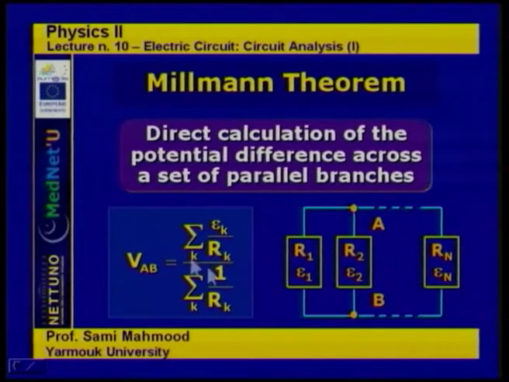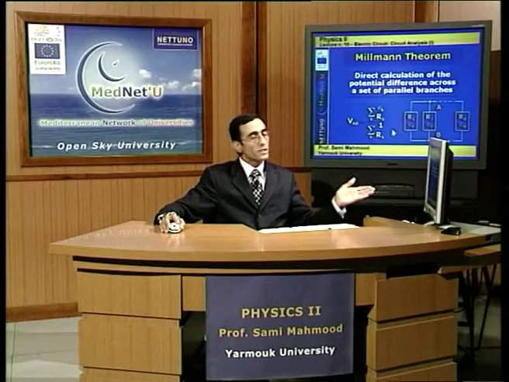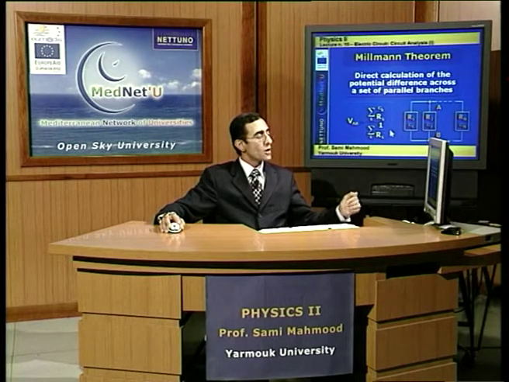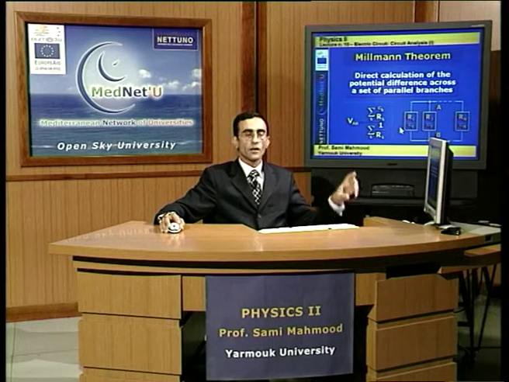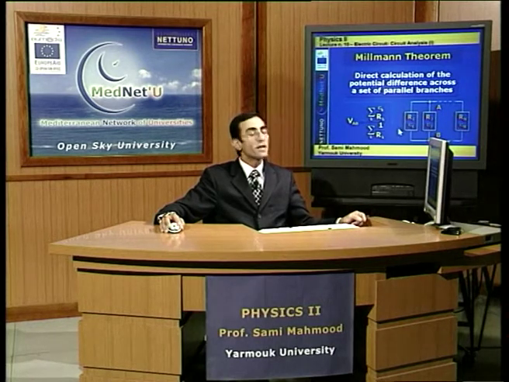So VAB, according to the theorem, is simply the summation of the electromotive force in a branch divided by the resistance in that branch, and this summation goes over all the branches, all divided by the summation of 1 over Rk, where Rk is the branch resistance. So this way we can find the potential difference between 2 points across a parallel set of branches.